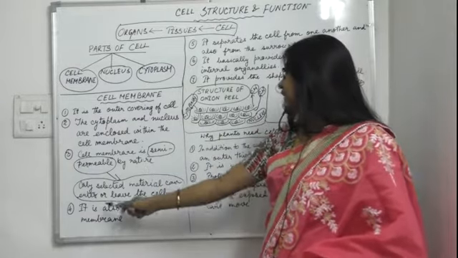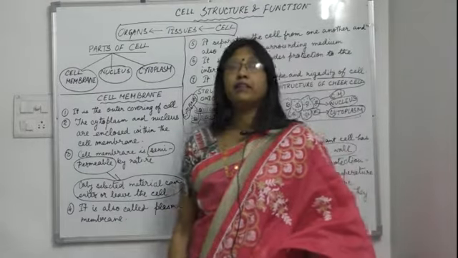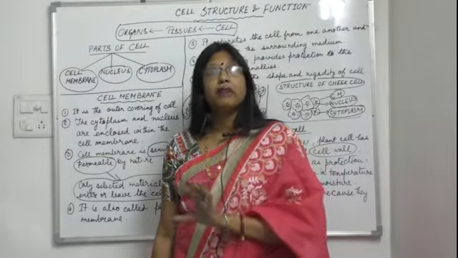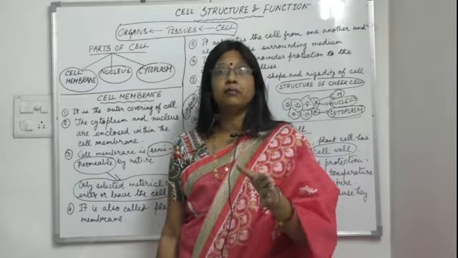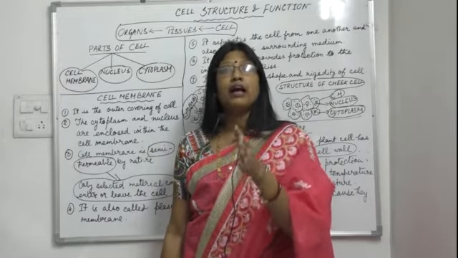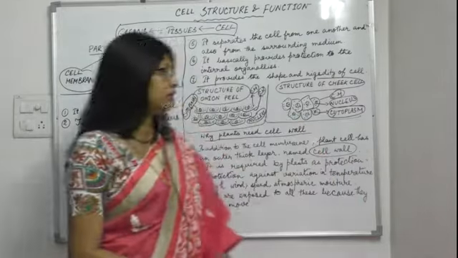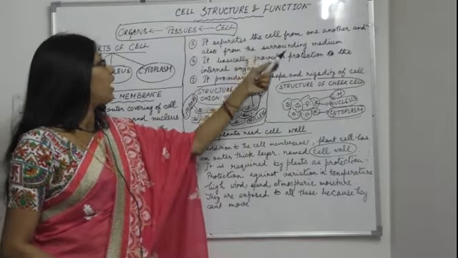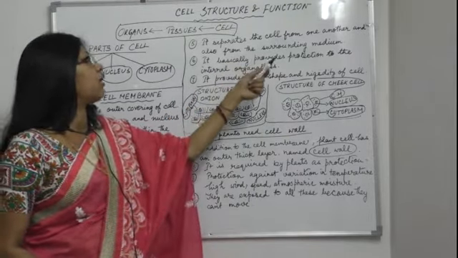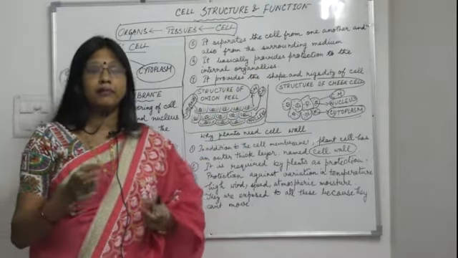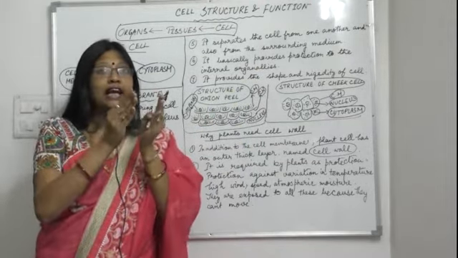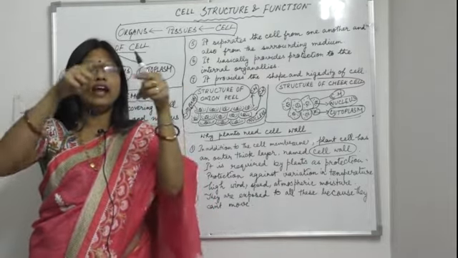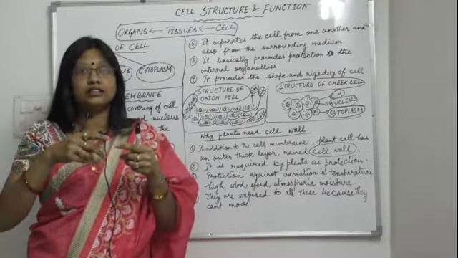The fourth point is that it is also called plasma membrane. Cell membrane is also called plasma membrane. It is another name of the cell membrane. Okay. The fifth point is it separates the cell from one another and also from the surrounding medium. The cell membrane separates one cell from another cell and also from the surrounding environment or surrounding materials.